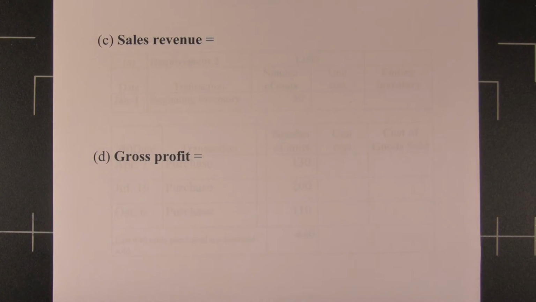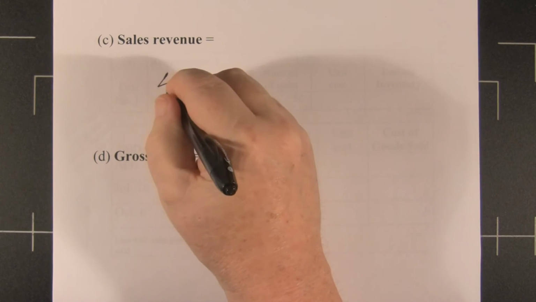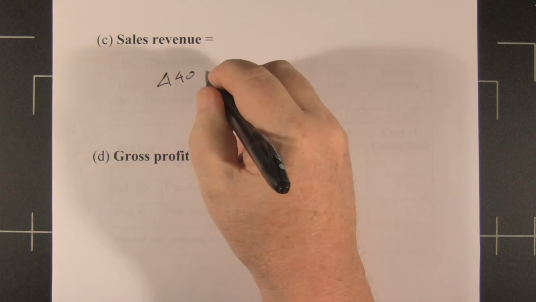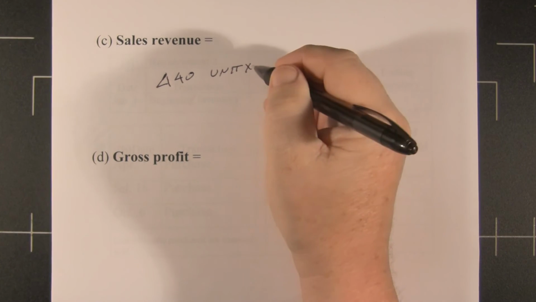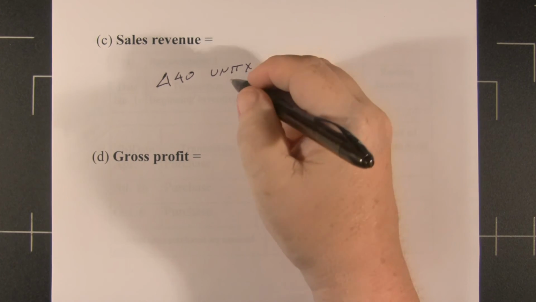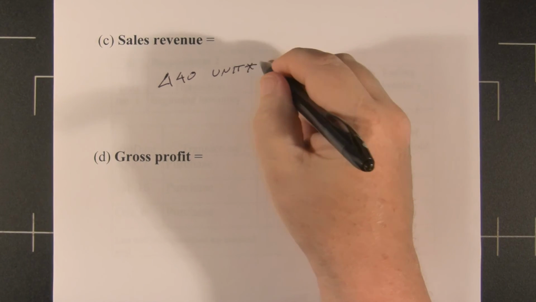Next, it asks us to compute the sales revenue and the gross profit. Well, the sales revenue, they tell us they sold 440 units, and that remains the same no matter what. They sold 440 units, and they sold them for $60 each.